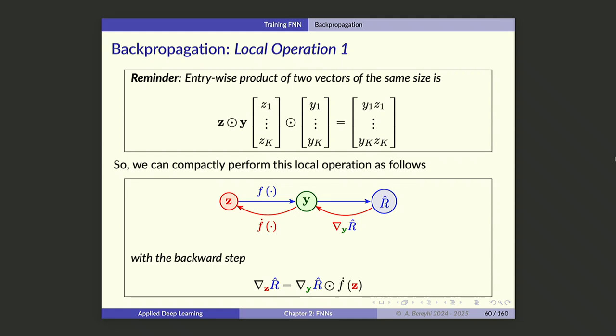Because two k-dimensionals should end up being k-dimensional, right? So you don't really need to do all of those chain rules I did here. You always think of it like that. Z is a vector, y is a vector. Both of them have the same dimensional gradient, so the corresponding thing should be this entry-wise product, the kind of product I'm going to use here.